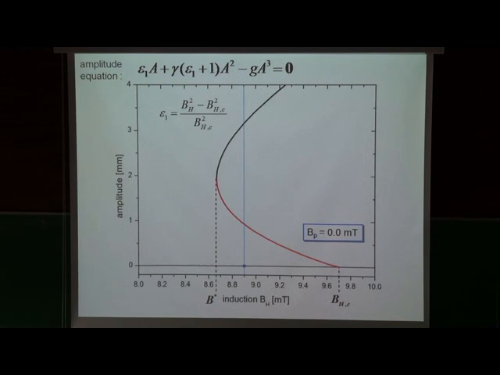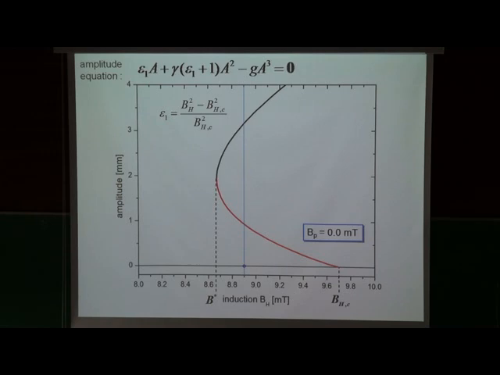Well, we write down an amplitude equation. This is the standard amplitude equation for the subcritical instability. Now we have to take into account this local field. This local field is not homogeneous, and because of that, it's creating a kind of imperfection.